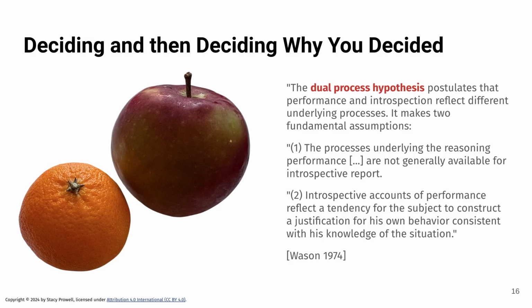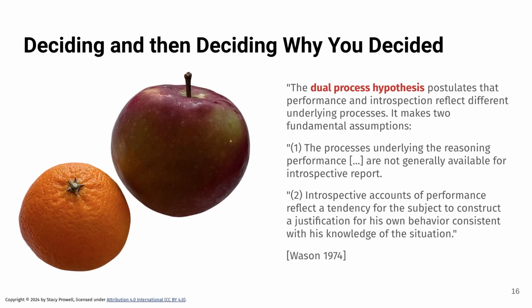The research tells us that's not really what you're doing. When you make the decision, maybe you do think carefully through it, but you probably make the decision that the orange just seems tastier to you. And then when I ask you why you want it, you tell me, well, I was looking at the two, and the apple looks like it's maybe a little mealy, and I don't really want an apple right now.